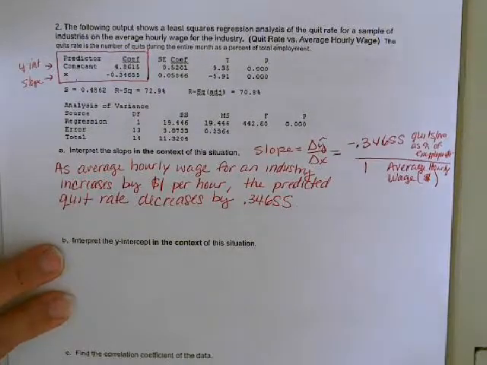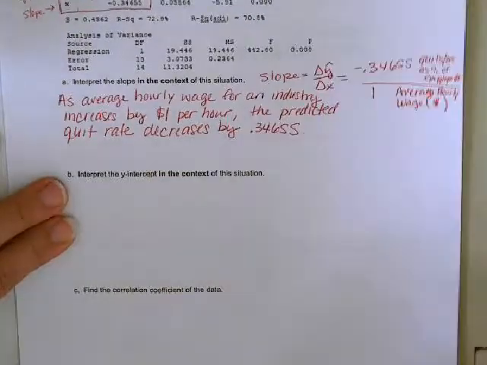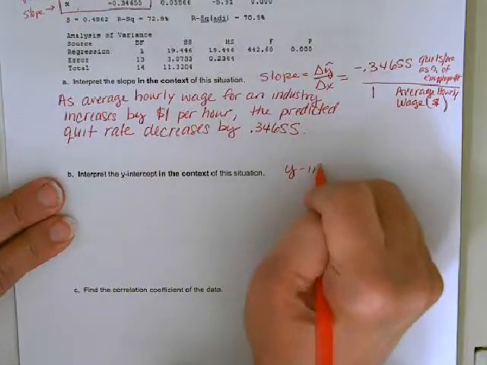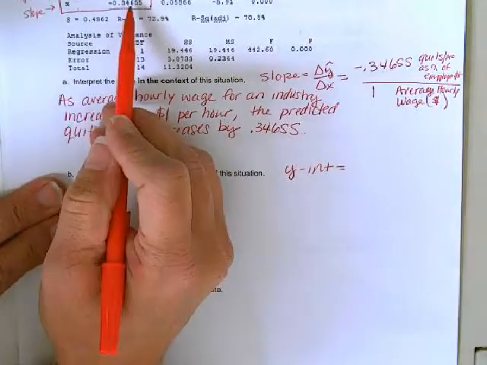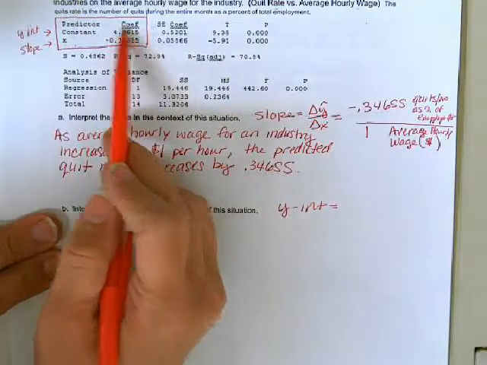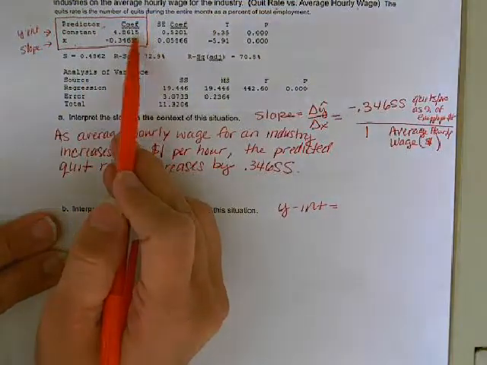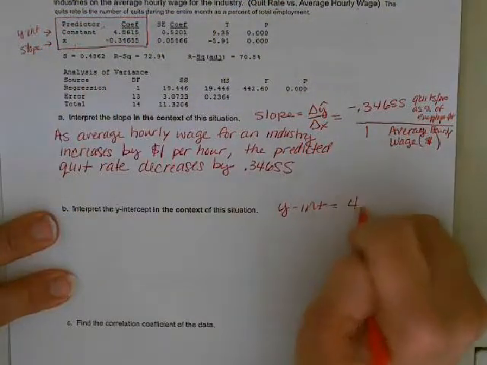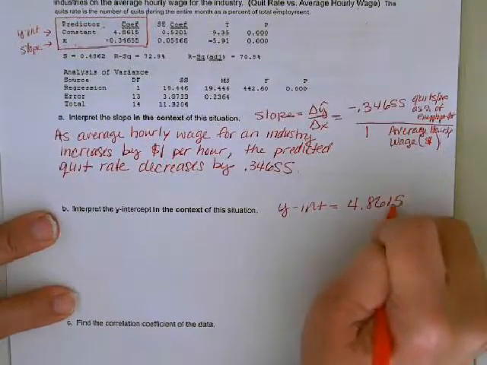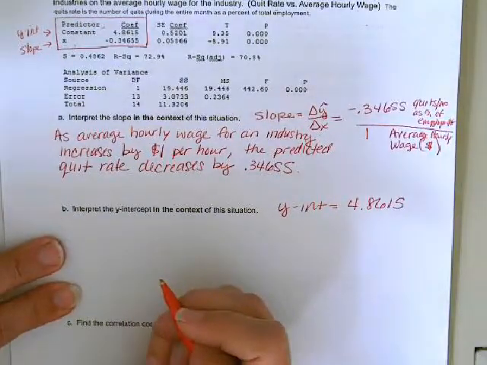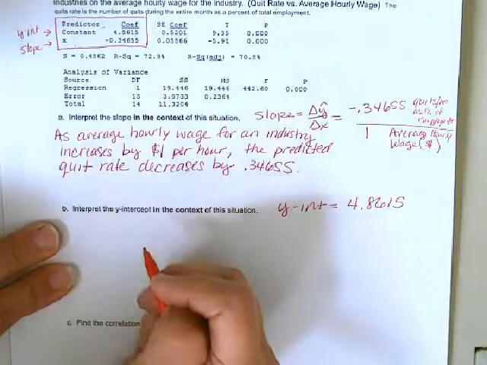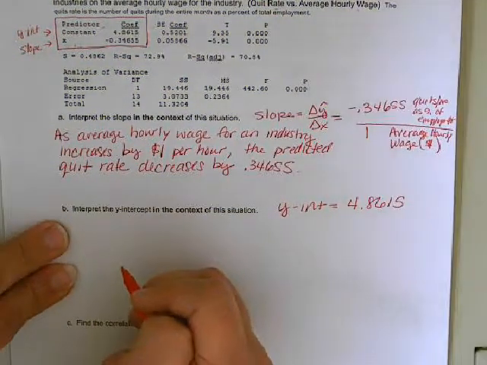Now, interpreting the y-intercept in this context, well, the y-intercept is up here, whoops, and it is 4.8615. So remember, y-intercept is the value you get when x is 0.